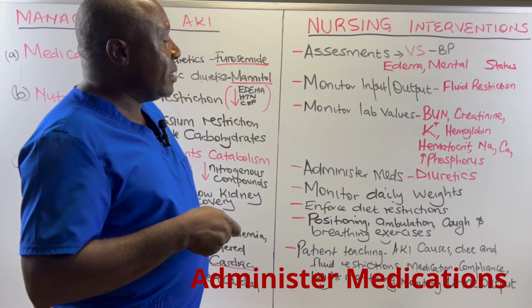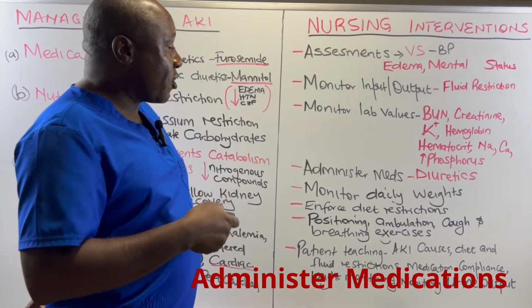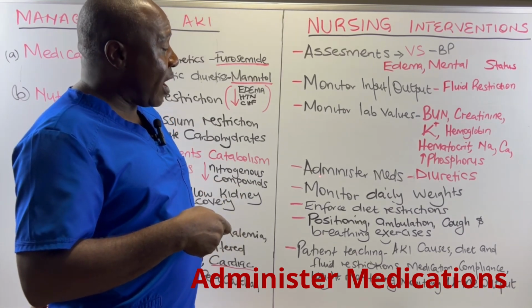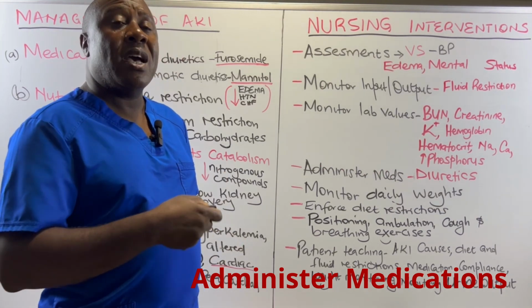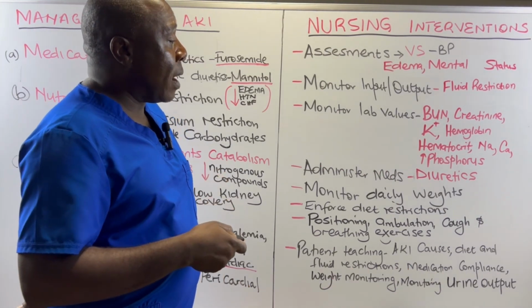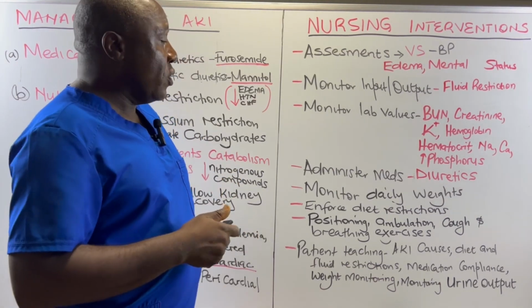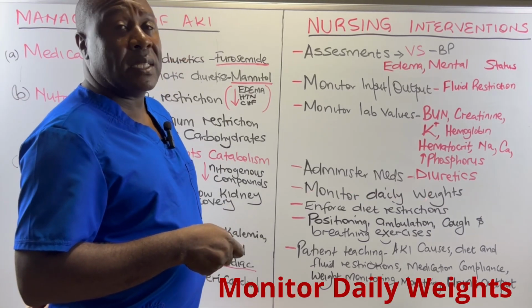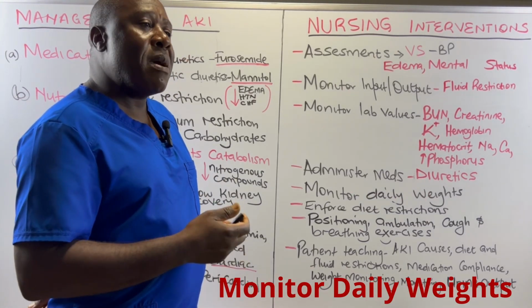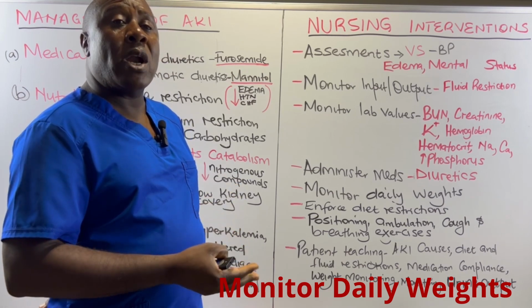Nurses also administer medications. There are medications which are going to be prescribed by the prescribers. So it is the nurses who are going to ensure that these medications are administered on time, and especially the diuretics, which are used to clear fluid from these patients. We also monitor daily weights. We are weighing these patients. Remember, fluid accumulation has a direct bearing on our weight.